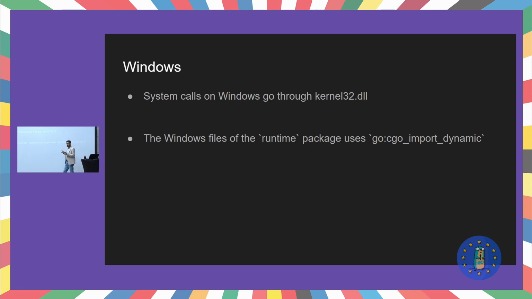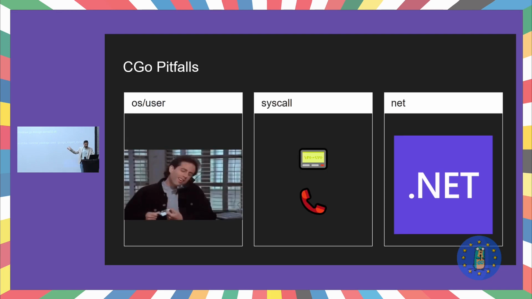This is a special instruction for the Go linker to take that symbol name, and whenever it loads the DLL, it's going to find that function or syscall and link it to that special symbol name, which means when the runtime calls the symbol, it's going to direct that to the C implementation or the DLL function, which means we end up having libc of Windows, more or less, going through that. Now, CGO is disabled. We still have that.